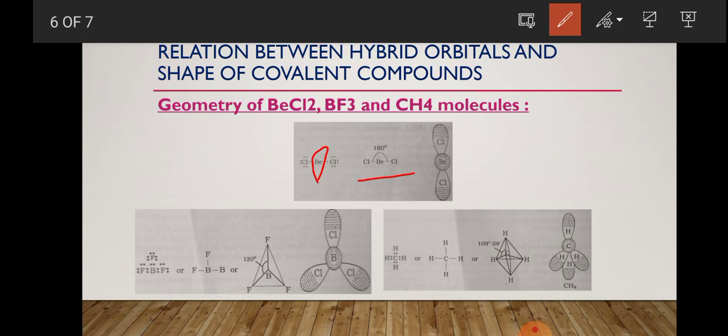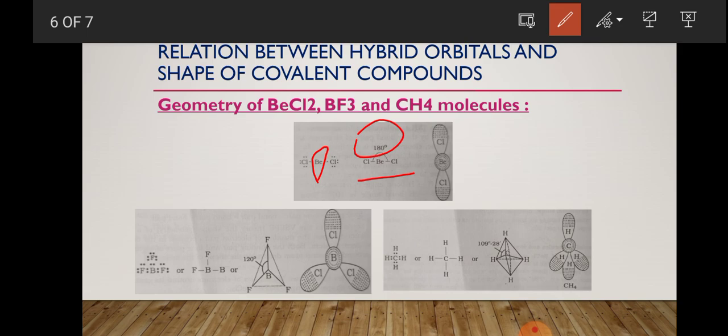Since it contains two hybrid orbitals, its molecular shape is linear. Here sp hybridization occurs, and then the bond angle becomes 180 degrees.